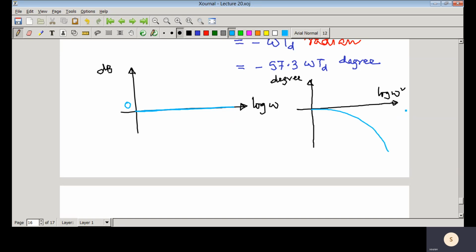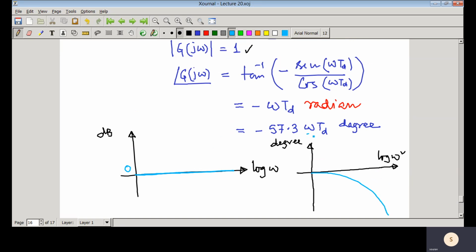Whenever omega is increasing, that means with high frequency, there is always a phase lag. So whenever there is a delay in the loop, or any transportation lag, it contributes some phase lag. So it has a lot of effects on stability and performance.